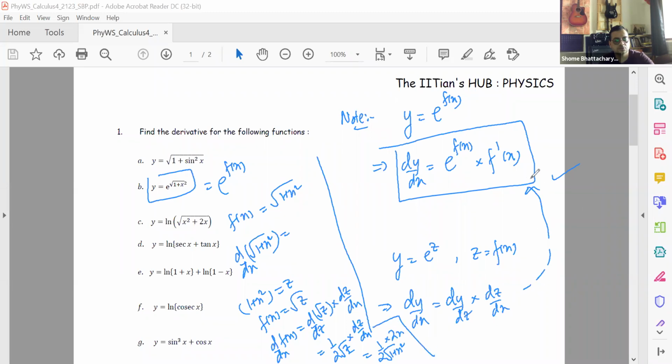Okay. So now you substitute that directly over. So dy by dx becomes e raised power square root 1 plus x square into differentiation of that square root function. So that is x upon root 1 plus x square. So this simplifies it a little bit. But you understood now. Okay, good. All right. So any other doubt in the first question? Any other part?